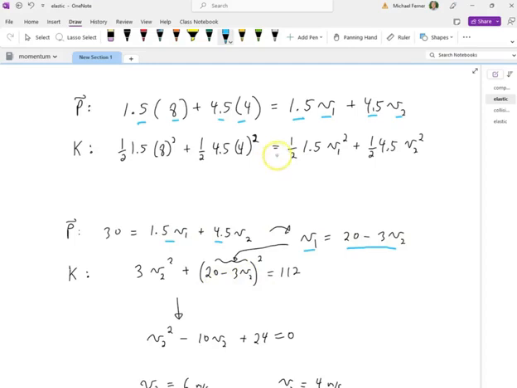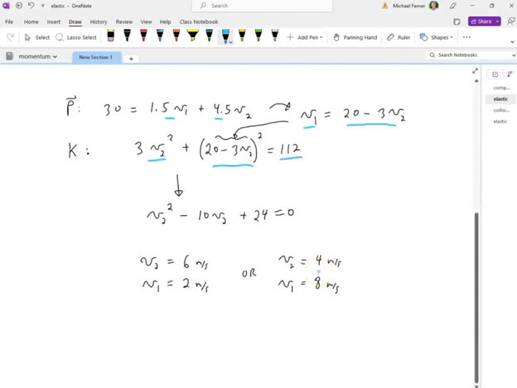The kinetic energy equation, I'm just simplifying a little bit, getting rid of the halves. I'm also dividing by 1.5. That would give me 3v2 squared plus 1v1 squared, which I've substituted in. And the left-hand side simplifies after that to be 112.